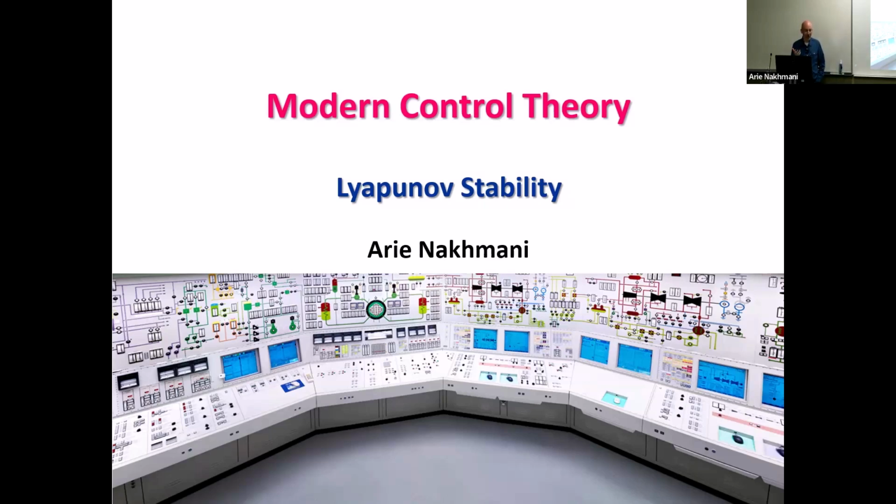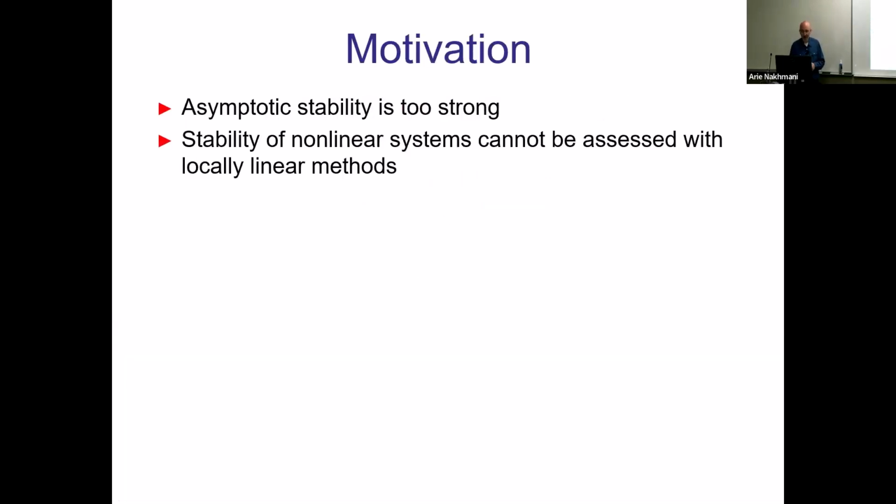So today we'll talk about Lyapunov stability and how Lyapunov defined it 100 years ago. Practically speaking, this was one of the first definitions of stability, based on energy functions, and it came from physics for obvious reasons. The definition was purely mathematical and a little bit complicated, but that's okay. The reason to define this new type of stability, which is not asymptotic and not BIBO, is that asymptotic stability is typically too strong.